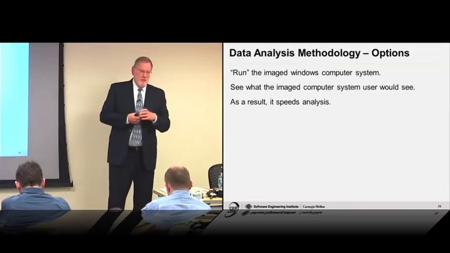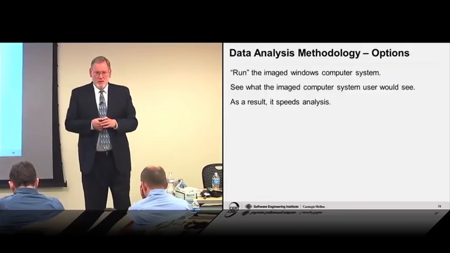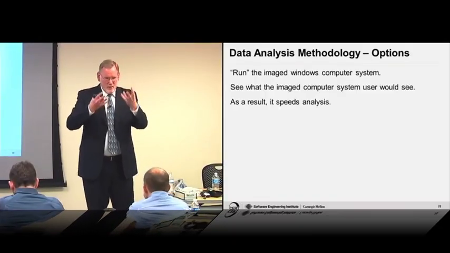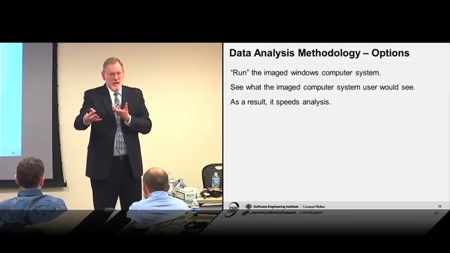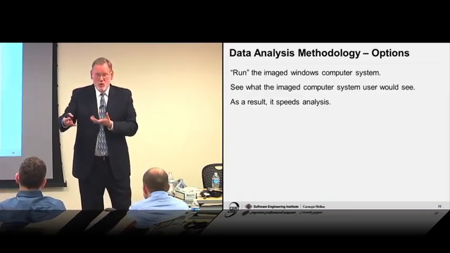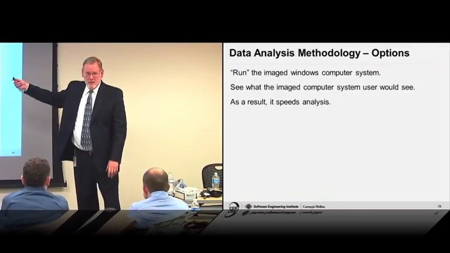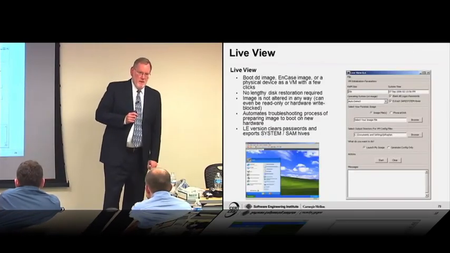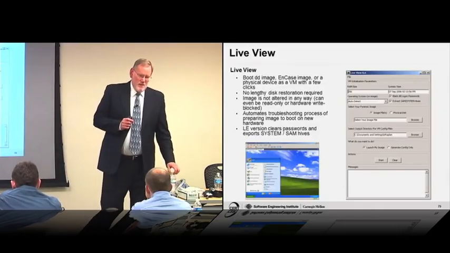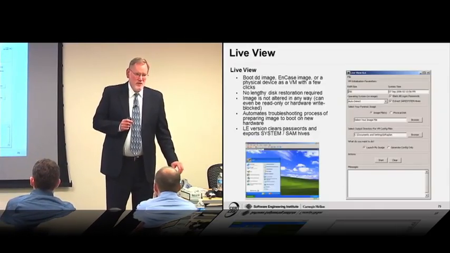Another thing you can do, and specifically in the case of a Windows system, you can go through and try to reconstruct what you think you'd see if you sat at the screen of the machine that you just imaged, or you could run it in a controlled environment. That tool is called LiveView, which is on SourceForge, and there's another version that's on our website.